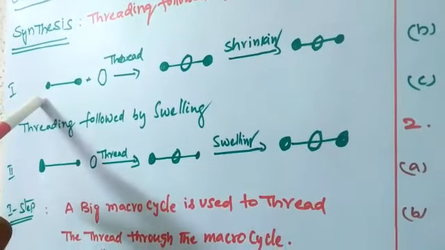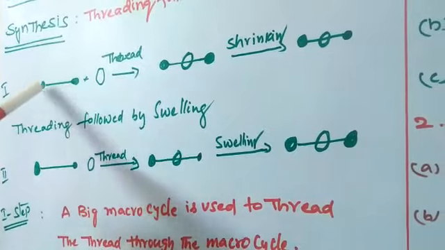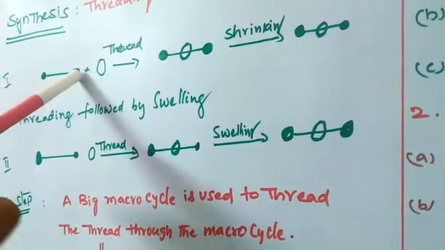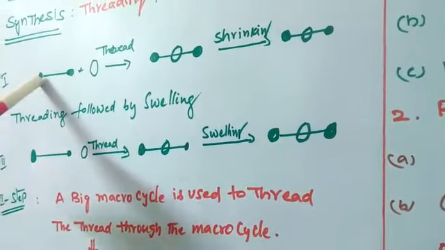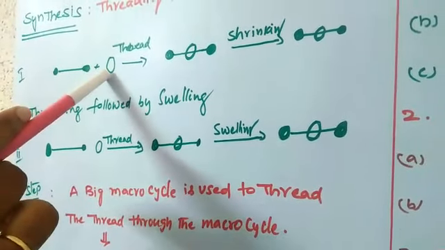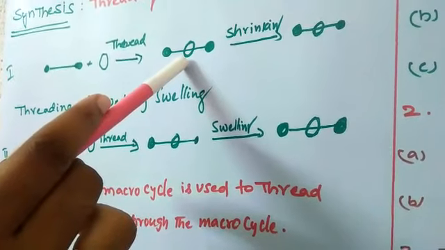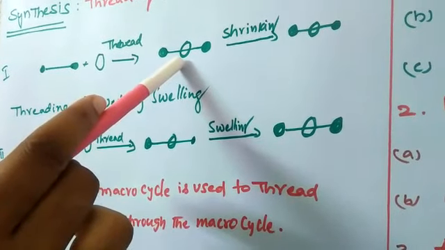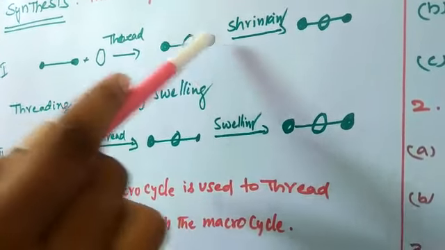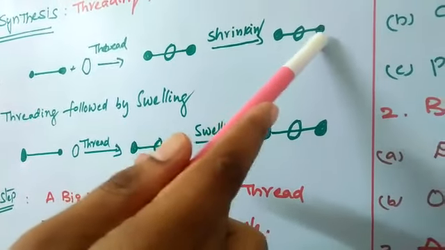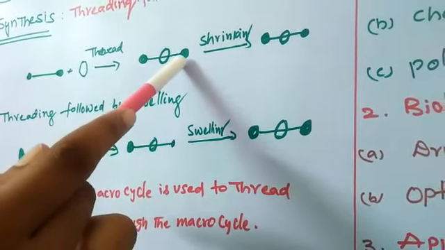Look at this. Here the two bubbles always have the same size. When you introduce this compound into the thread, it will go for a decrease in the size of the bubble.